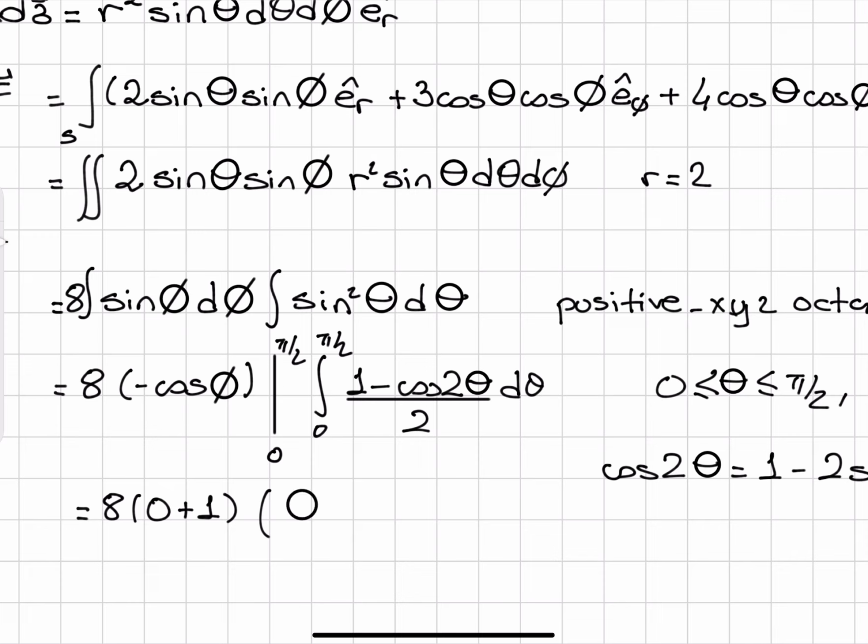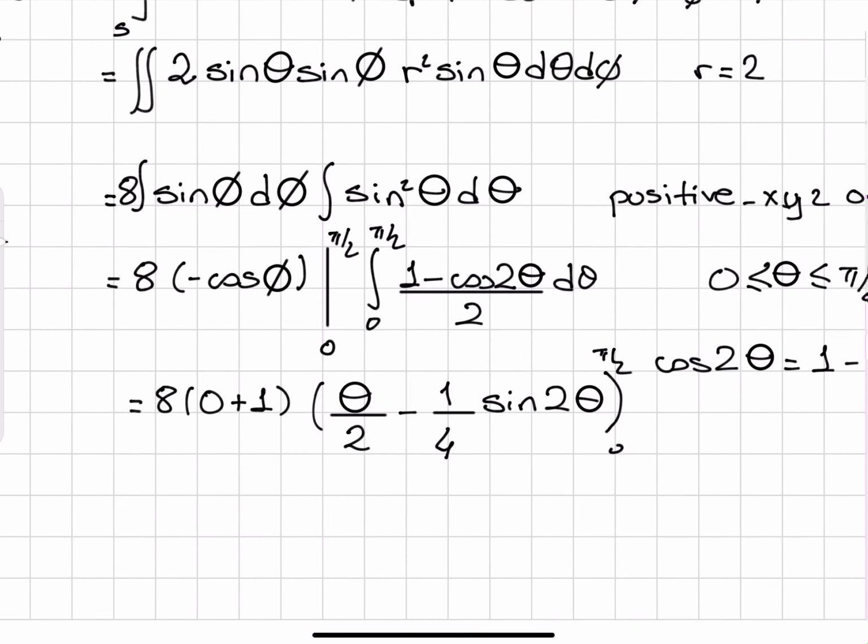And for minus cosine 2 theta over 2, the integral is minus 1 over 4 sine 2 theta, because when I take the derivative, this 2 will come up front, make it minus 1 over 2, and sine will turn into cosine. And this will be evaluated between theta equals 0 and theta equals pi over 2.